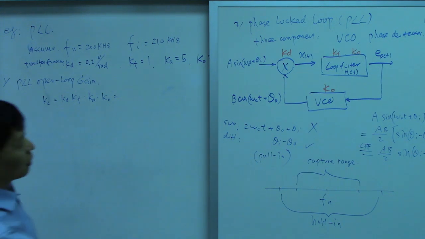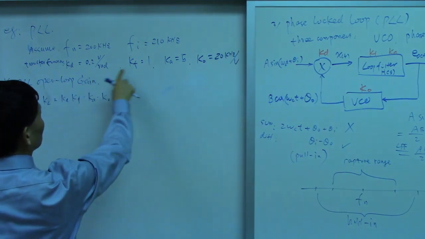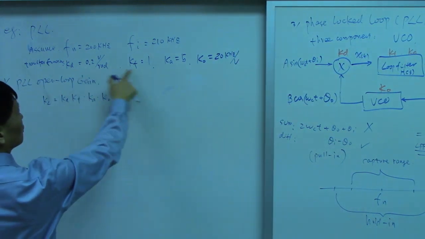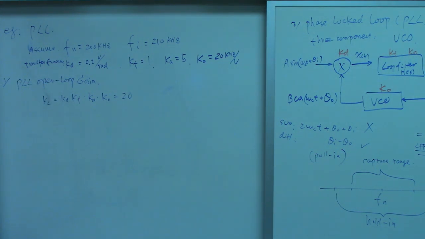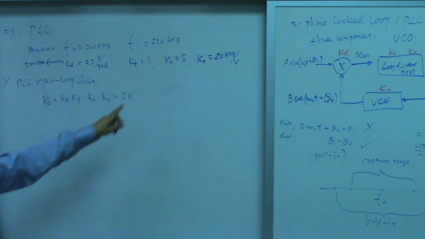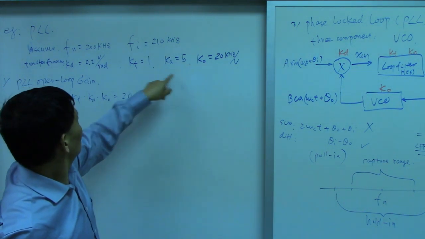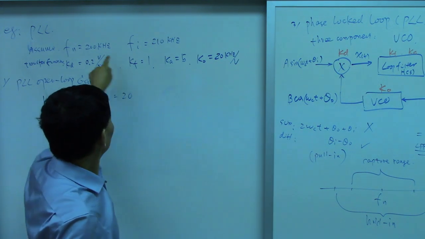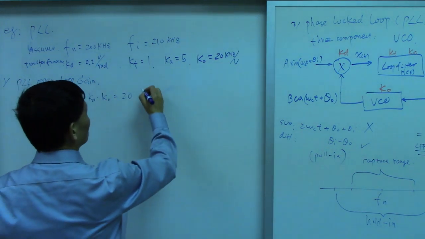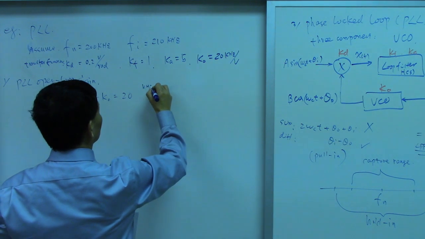We are given all these numbers: 0.2, 1, 5, 20. So this one times 1 equals 20. Now we need to see the unit. Radians and volts cancel, so that will be 20 kHz per radian.